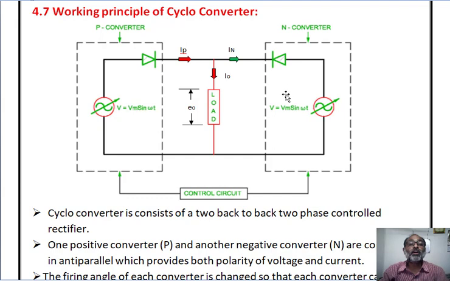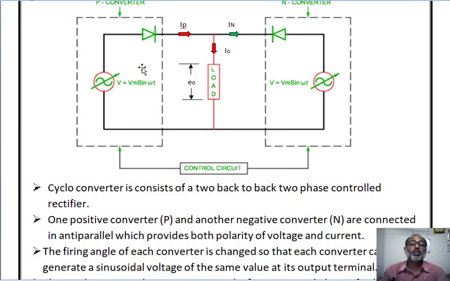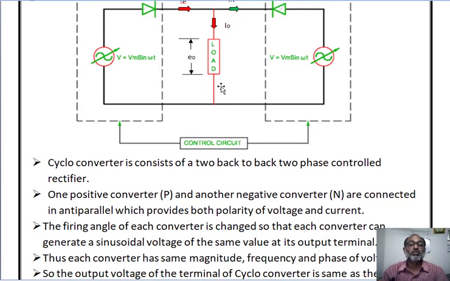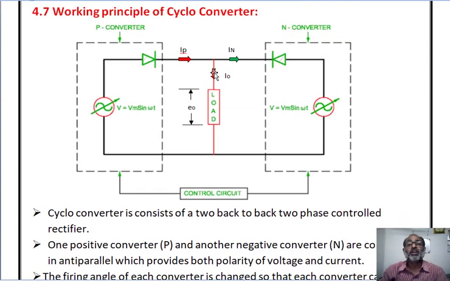Now the firing angle of each converter is changed so that each converter can generate sinusoidal voltage of the same value at its output terminal. Thus each converter has the same magnitude, same frequency and same phase difference at the output side.